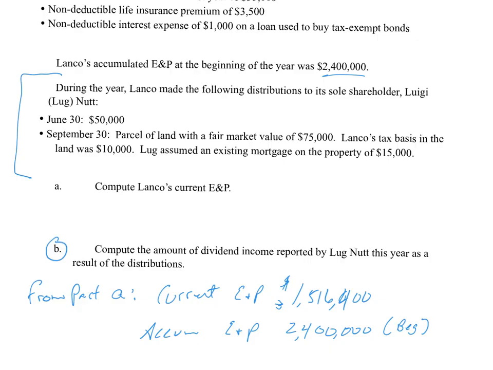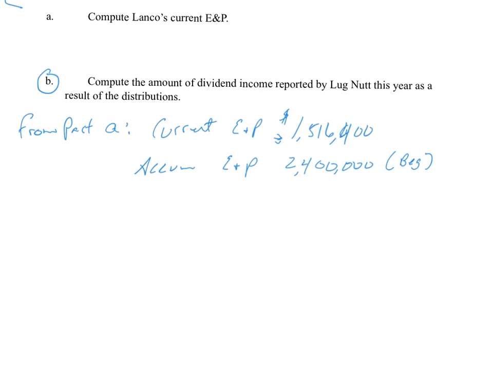During the year, we have the following distributions: $50,000 cash, and then some land with a fair market value of $75,000. The company's tax basis was $10,000, and we know that Lugnut also assumed a mortgage of $15,000.